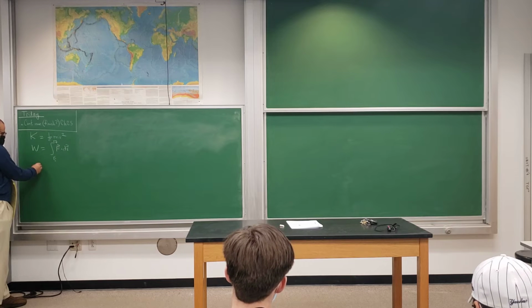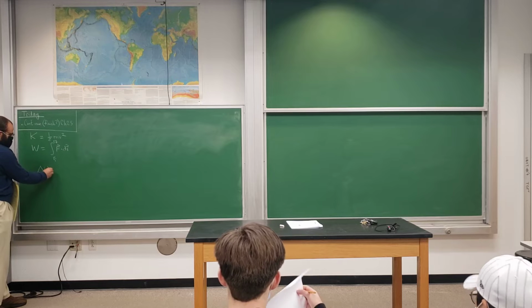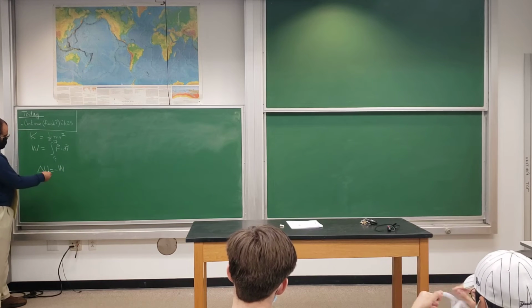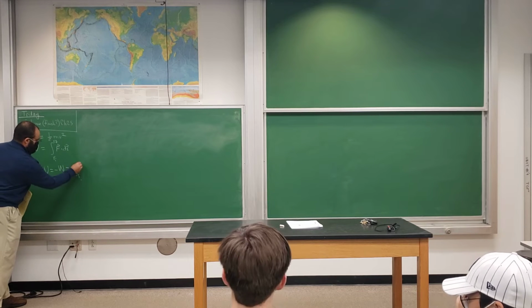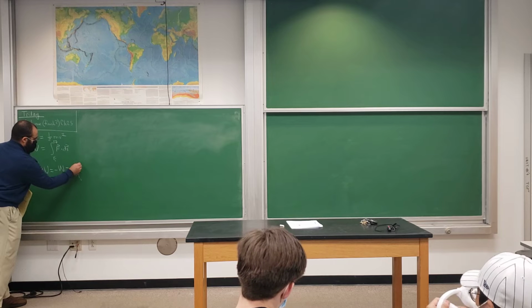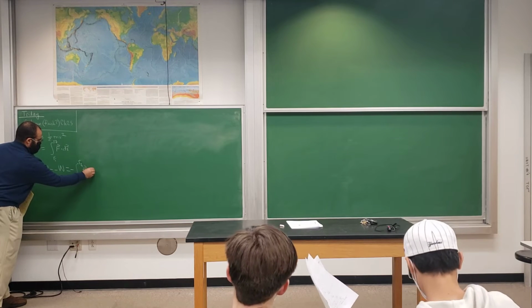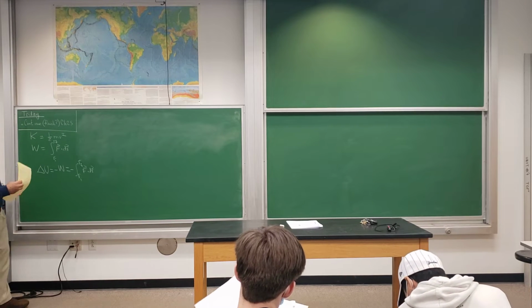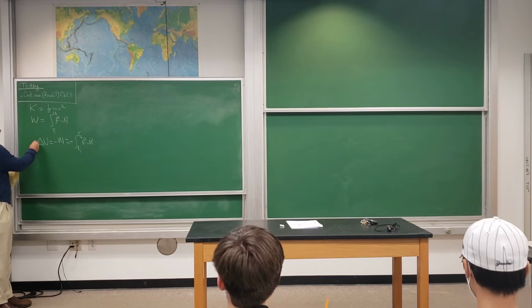If you have a conservative force like the electric force, then delta U will be minus W, or you can write it as minus the integral from R initial to some R final of F dot dr, right? So that was that. We also talked about the electric potential energy.